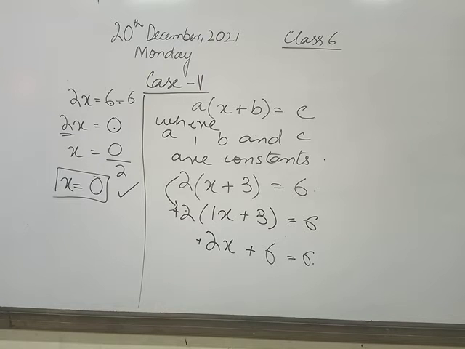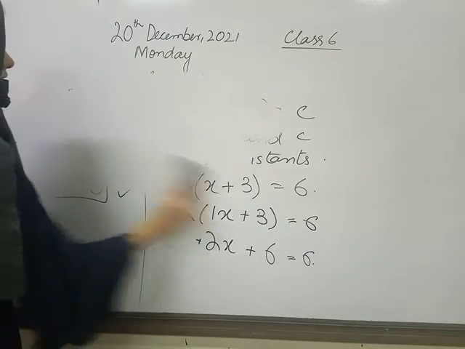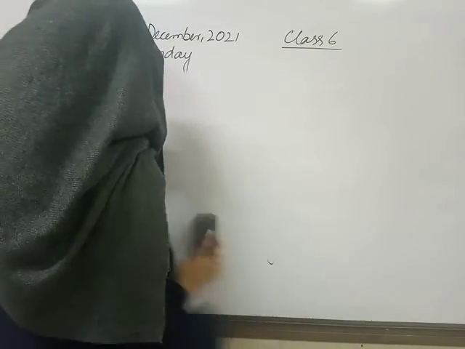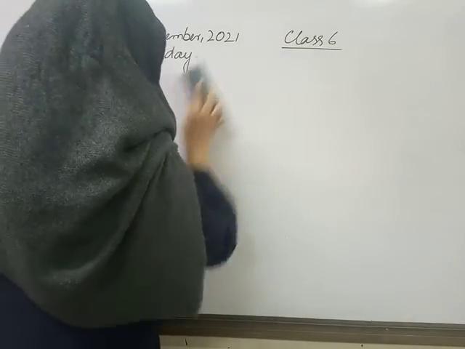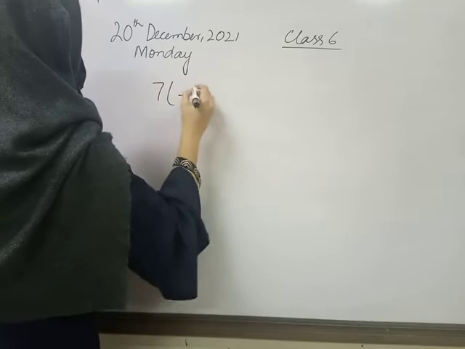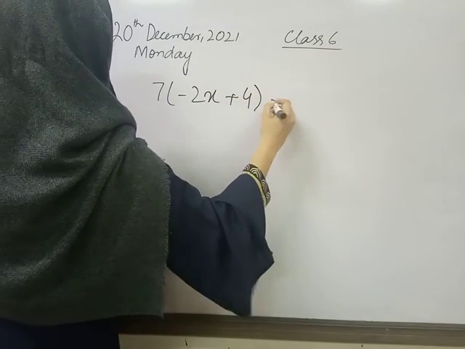Now I have another example. Let's take another example for this case. I have 7 into minus 2x plus 4 equals to 4.